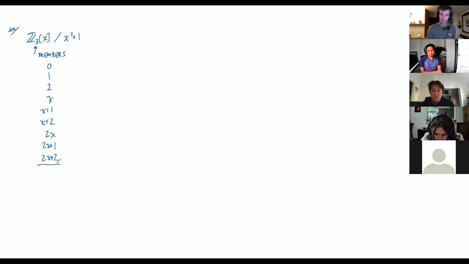Okay, stop. Okay, so I'm going to try, and I don't know how well advised this is, but I am going to open up the whiteboard to the class, and I would like you all to help me identify the additive inverses and the multiplicative inverses of these members.